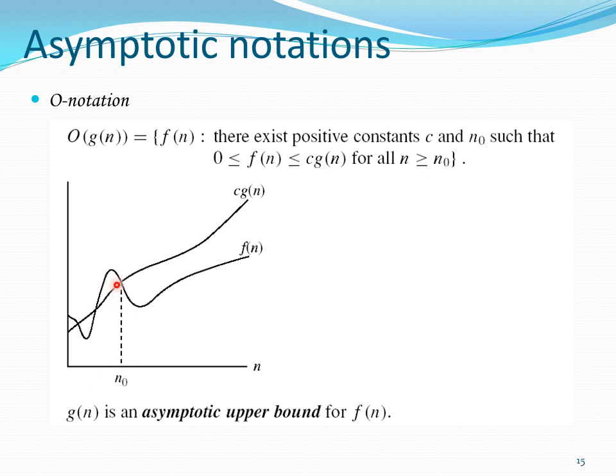Here n0 is here. From this point, f of n is lesser than c g of n. This is big O notation. Here g of n is an upper bound for f of n.